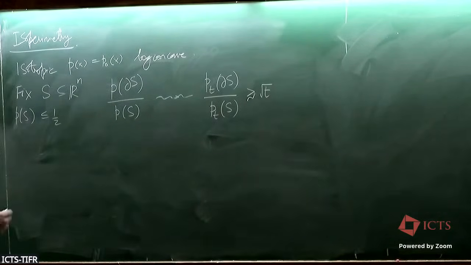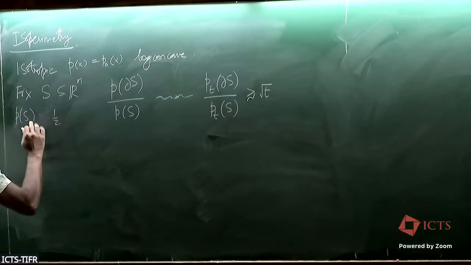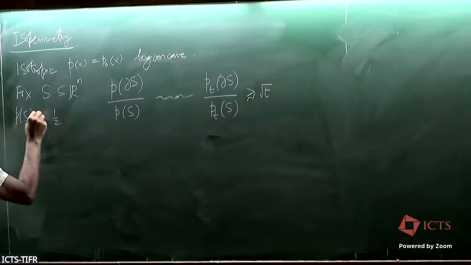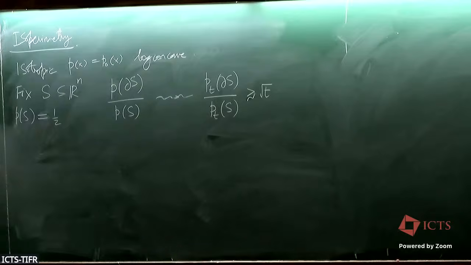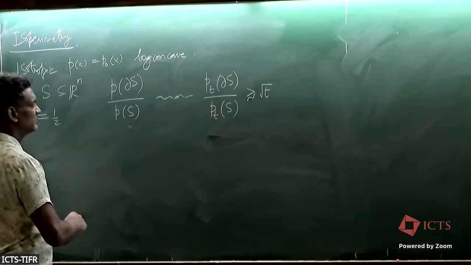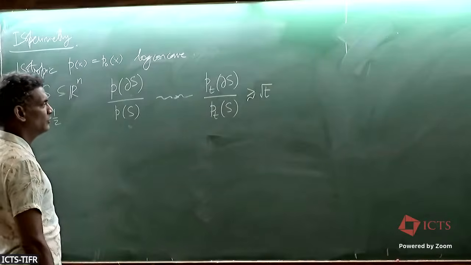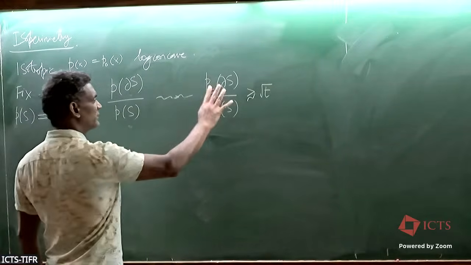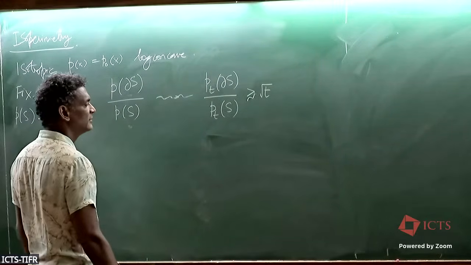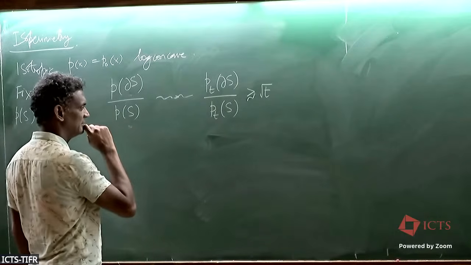In fact, for the purpose of isoperimetry, a nice theorem by Emanuel Milman says it's sufficient to consider subsets of measure exactly half. Half ones will be the ones that give you the worst. It's intuitive, but that's actually the case. So P of S is half. The boundary of S is what you want to bound. You moved, you got these, and this is large. What can we say about this?